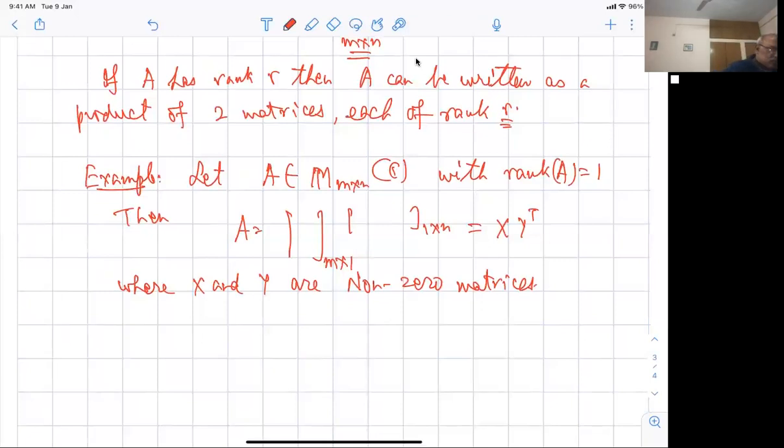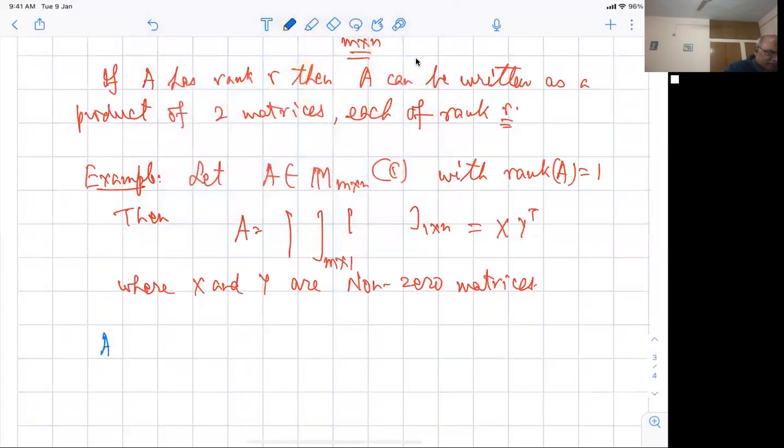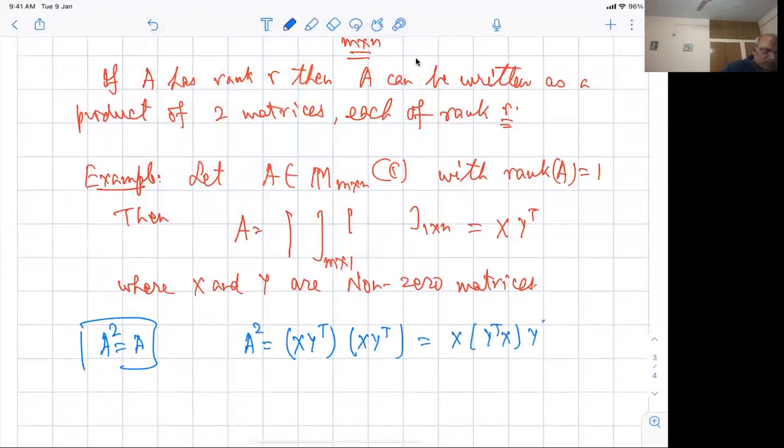Fine. So for example, if I want to find a matrix A such that A squared is A, I just have to look at A squared, which is x y transpose times x y transpose. By associativity, it is x times (y transpose x) times y transpose.